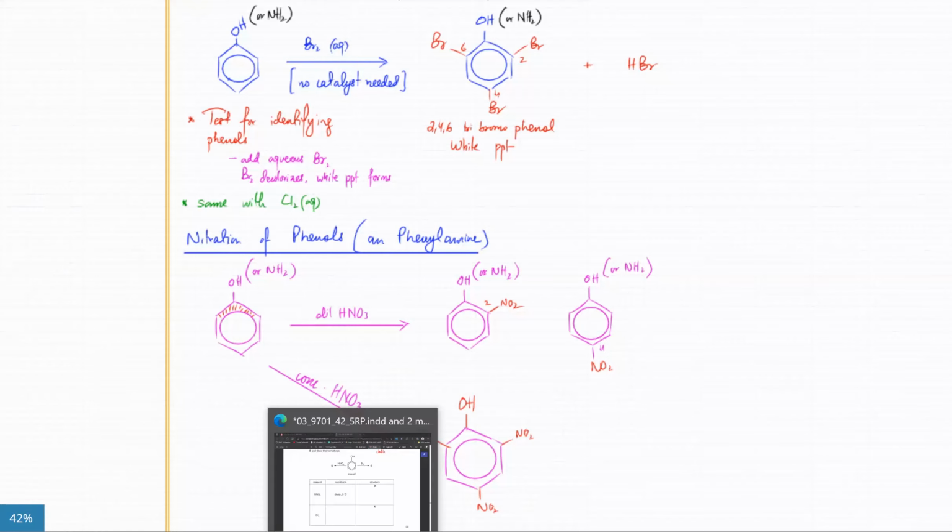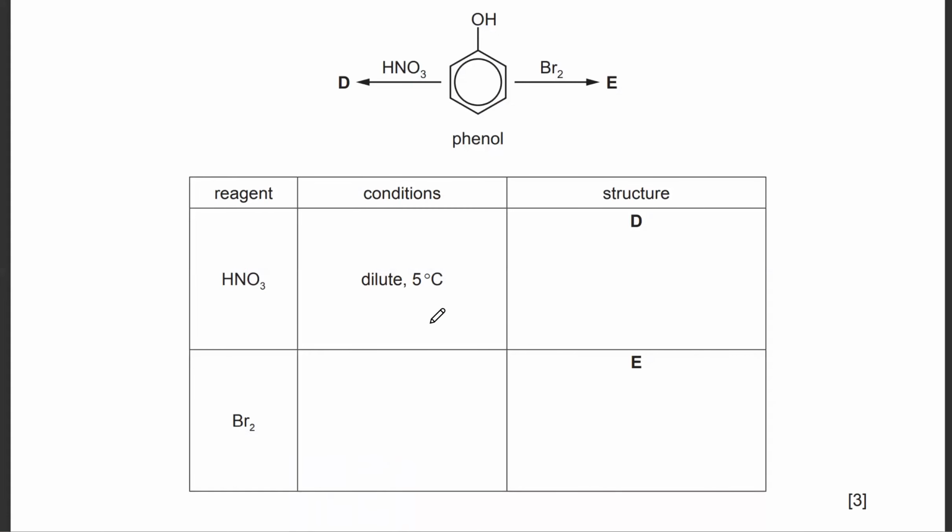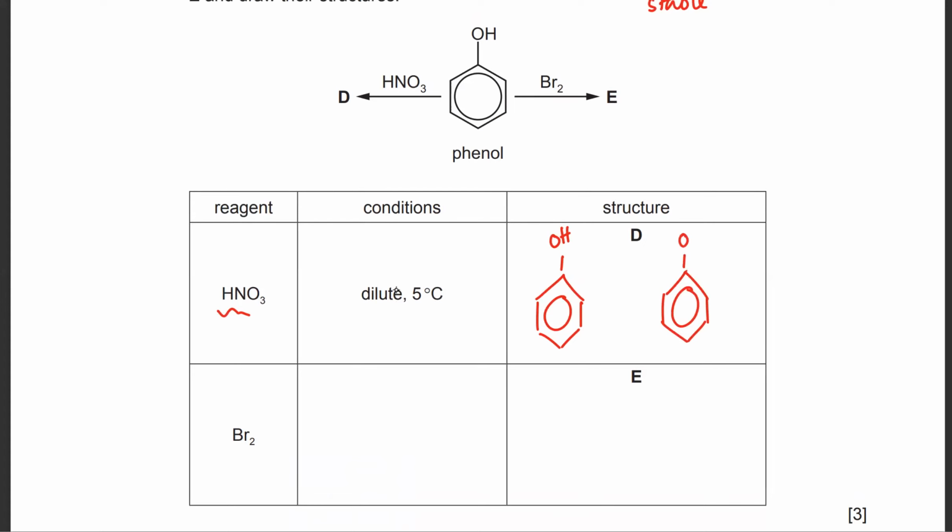So if we go back, the question is dilute nitric acid. So there would be 2 products that should be formed. This is your phenol, and here's another phenol. Either the NO2 gets attached to this position, or it gets attached to position number 4, right? Then you have Br2, the conditions are aqueous, you don't need a catalyst.